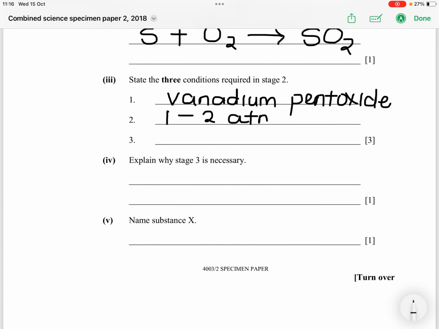And then the pressure that is required is 1 to 2 atm. And then the temperature we need is 450 degrees Celsius.